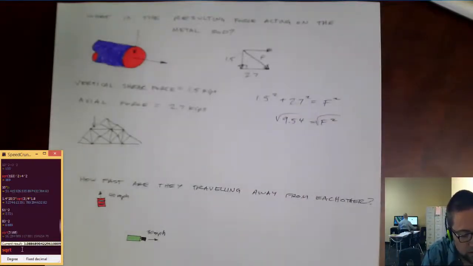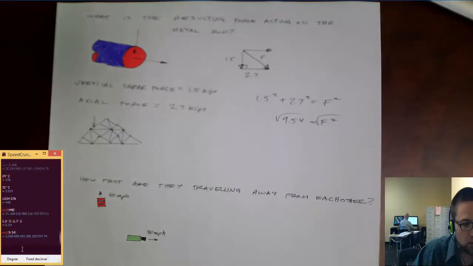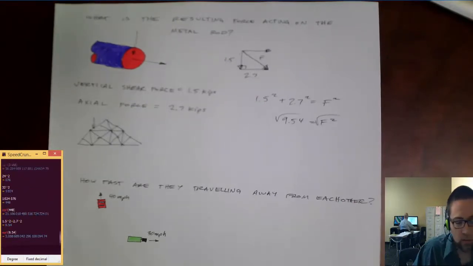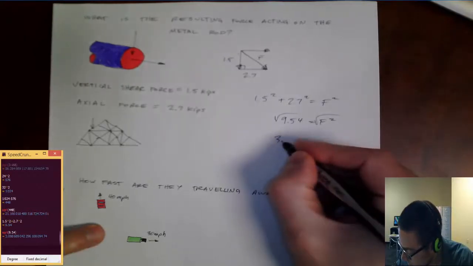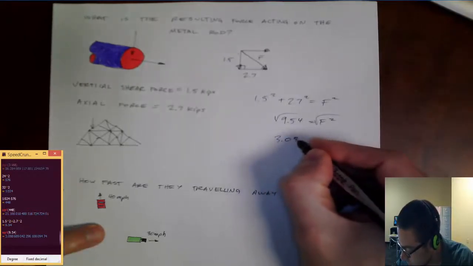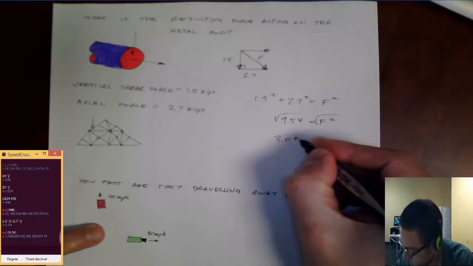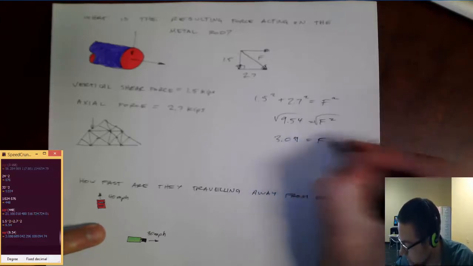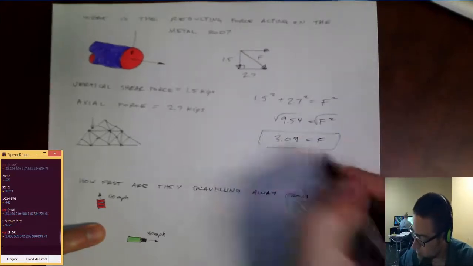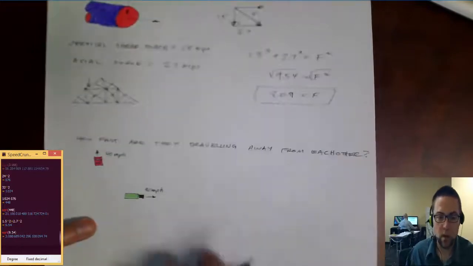So I take the square root of 9.54. Oops, I hit 7, 4. And I get 3.08, 3.09, we'll round it, is F. So that's the resultant force. Okay.